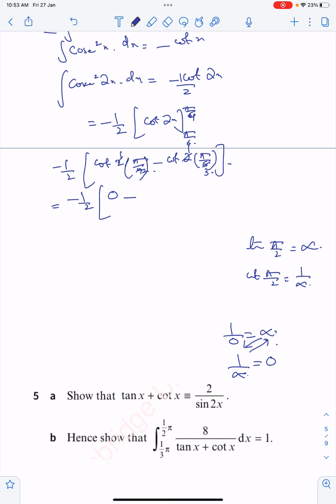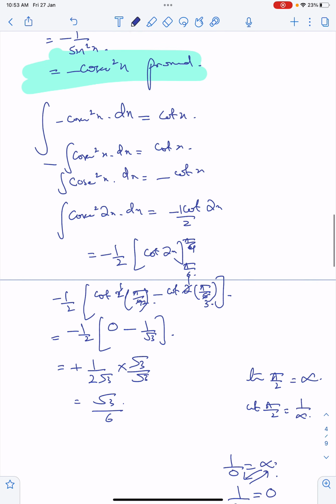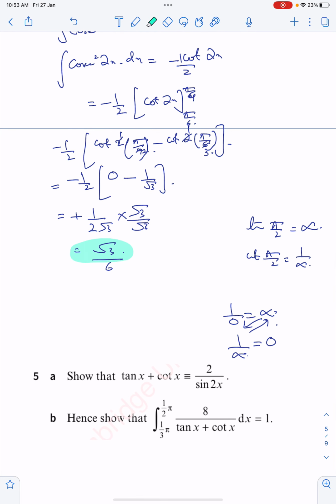Tan of pi by 3 we know is root 3, so it will be 1 upon root 3. So it's going to be plus 1 upon 2 root 3. If I rationalize this, I'm getting root 3 upon 6 as the final answer, which is correct now. So it was a minor mistake, which I've corrected.